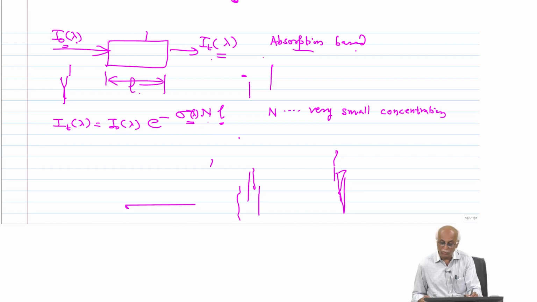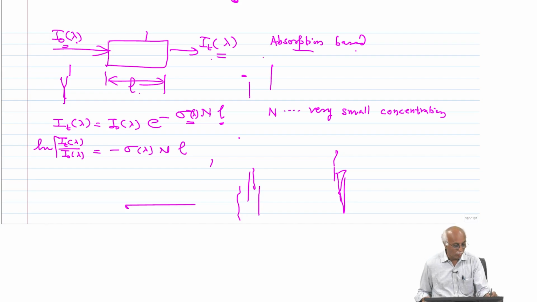So, if n is very small, it becomes challenging to improve this measurement. Why? Because you know the sensitivity, which is nothing but I_t(lambda) by I_0(lambda), or if you take the natural log it is minus sigma(lambda) into n into L, and what we are measuring is this signal, isn't it? I transmitted with intensity and input intensity.